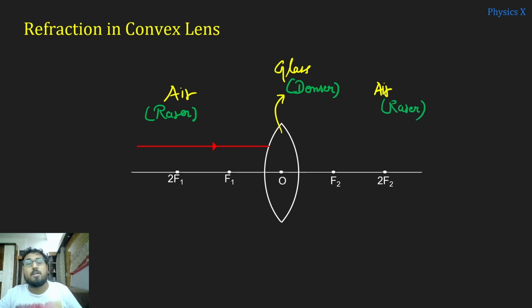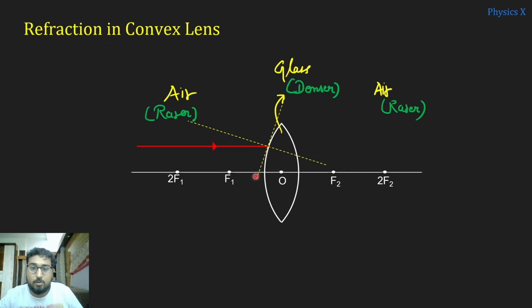So what will happen? The refraction of light will be such that, since initially this incident ray is coming from air, which is a rarer medium, and it is going to a denser medium. So this is your point of incidence. At this point of incidence, we will consider a normal like this. You can see that this is your surface.